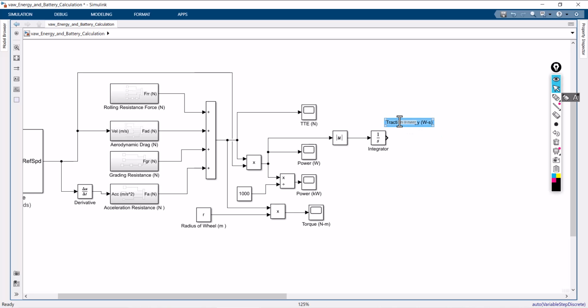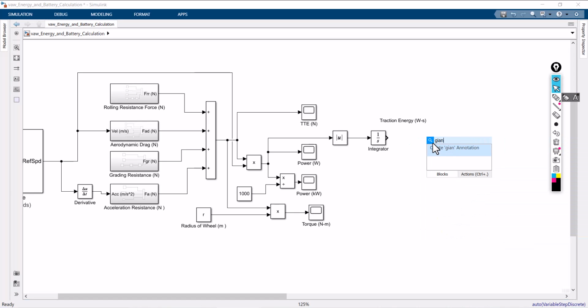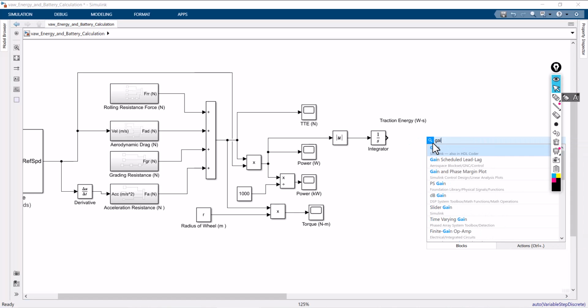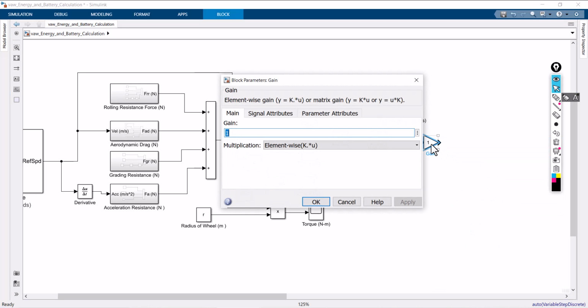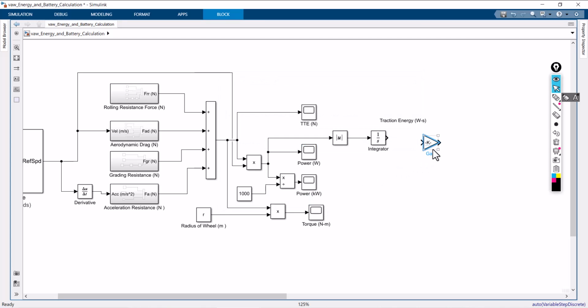After that, we have to convert that watt second into watt hour. Therefore, I am taking a gain value. The value of the gain is 1 divided by 3600. This will convert watt second into watt hour.